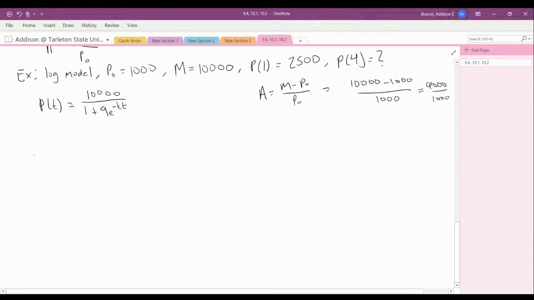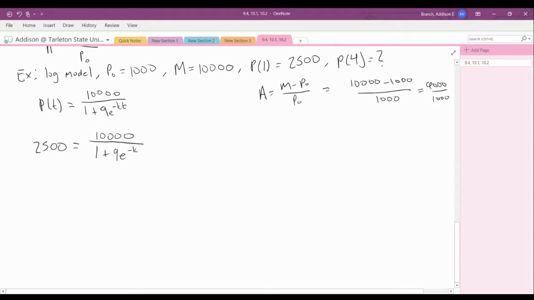So what we can do is we can go ahead and say that we know that after 1 year we've gotten up to 2,500 is equal to 10,000 over 1 plus 9e to the negative k times 1, so just negative k.